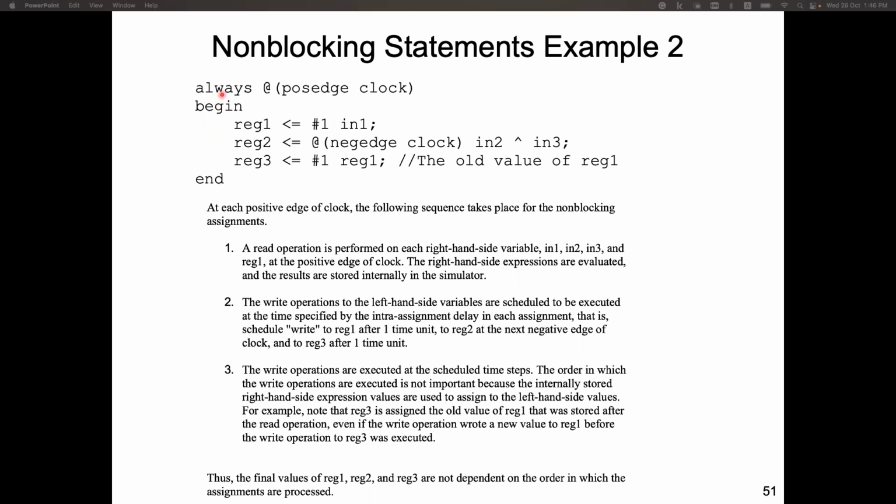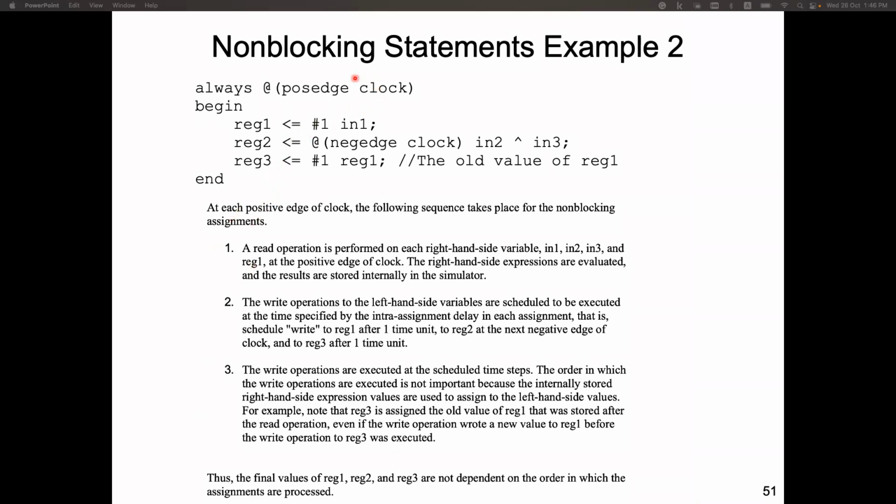This example has 3 concurrent events, concurrent data transfers taking place at the same positive edge of the clock. And the details are described here.